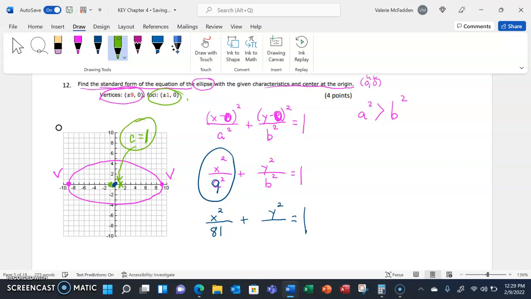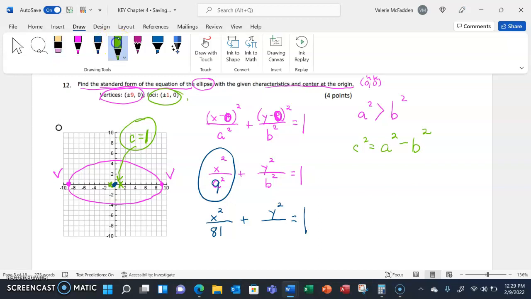So that's little c. We're going to use the formula c squared equals a squared, because it's bigger, minus b squared. You always want to be taking a bigger number minus a smaller number so that you get a positive number, and then you take the square root, so it will make it positive.